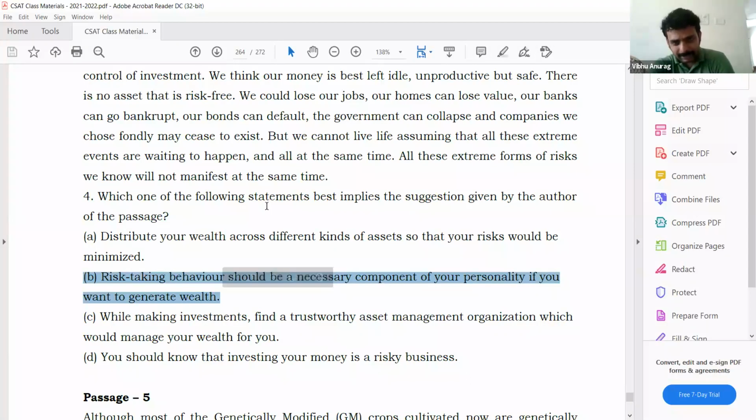Were you able to get this? Fourth as B? Or you have doubts? You have doubts with this?